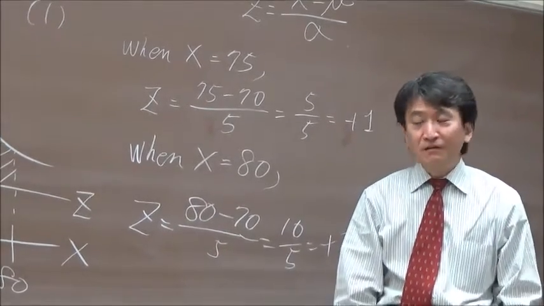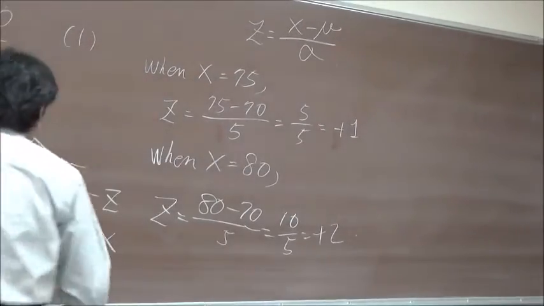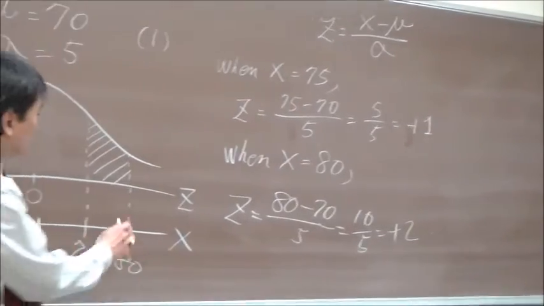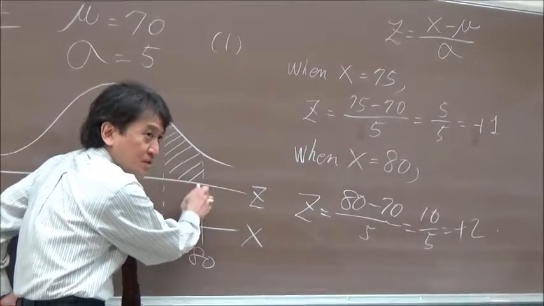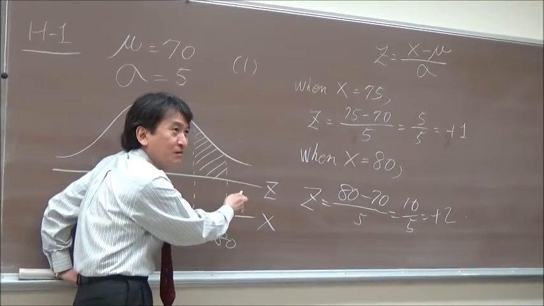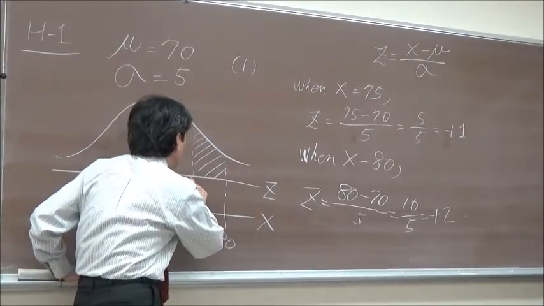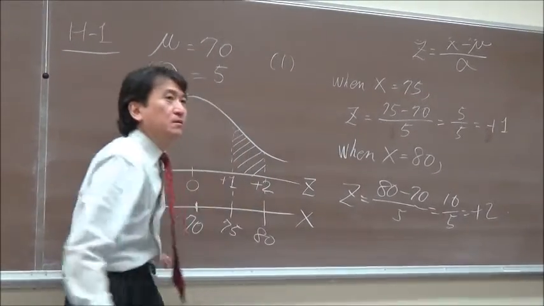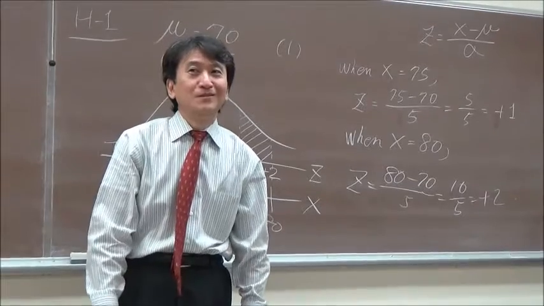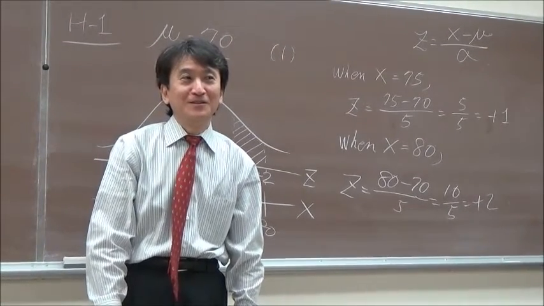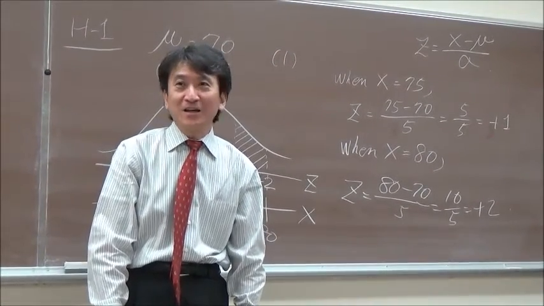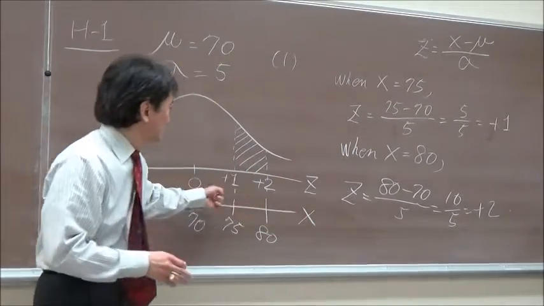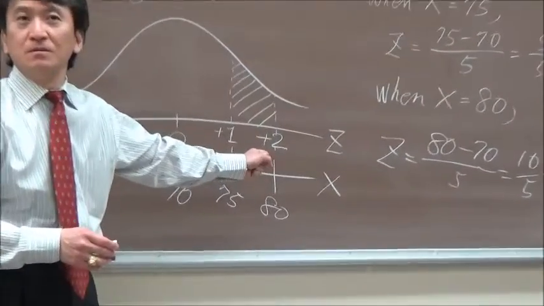With me so far? Now we can plot z-scores here. Do you agree? Right? So plus 1 here, plus 2 here. Okay? Plus 1 here and plus 2 here. With me so far?